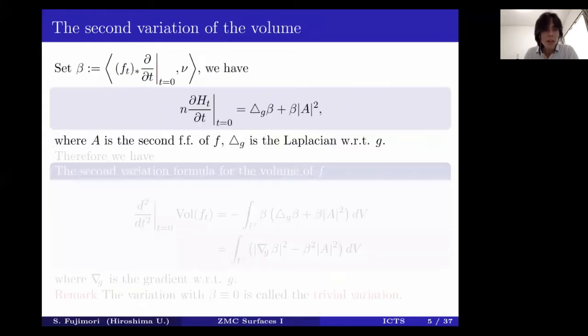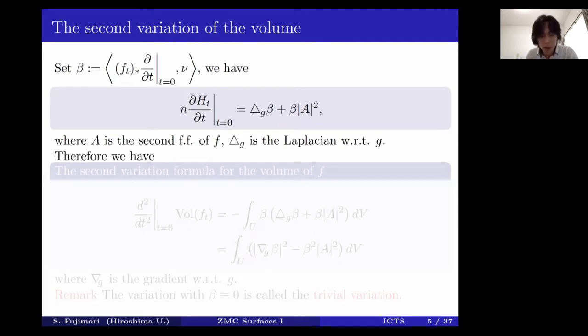Then we set beta as the normal part of this vector. Then we have this equation: the derivative of Ht equals the Laplacian of beta plus beta times A, where A is the second fundamental form of F, and this is the Laplacian with respect to G, the first fundamental form.